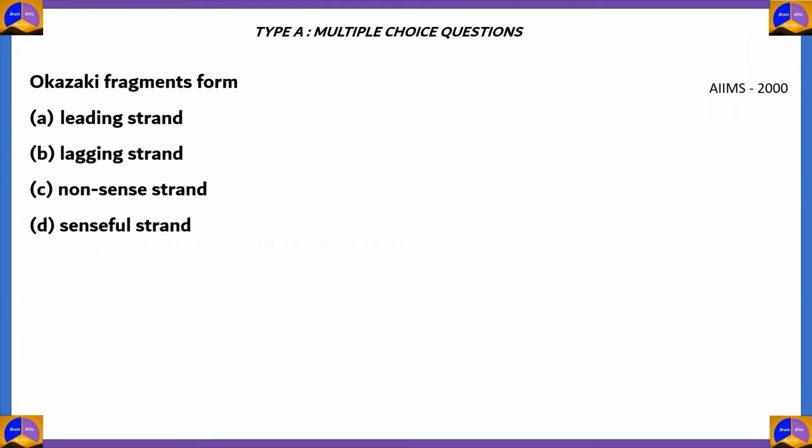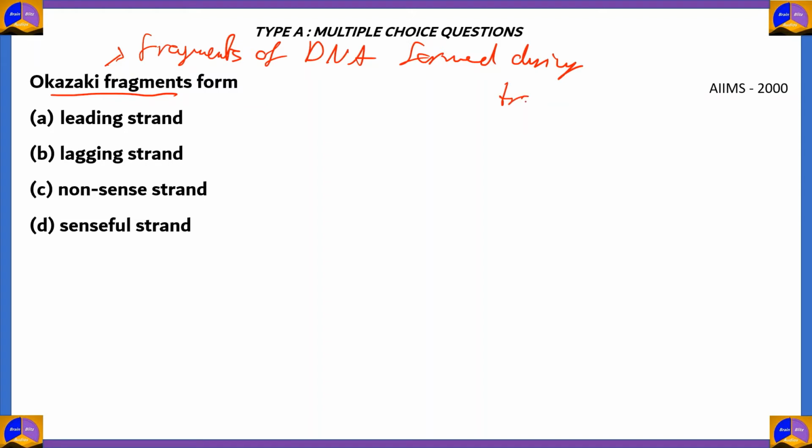Let's look at this question. Okazaki fragments form a leading strand, a lagging strand, a nonsense strand, and a senseful strand. So Okazaki fragments are fragments of DNA formed during transcription.